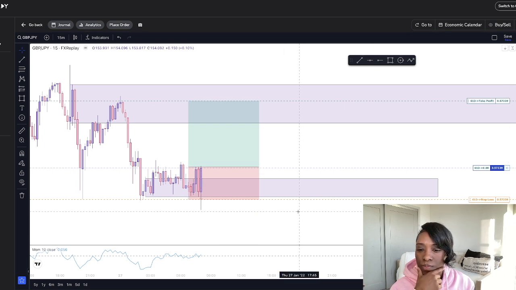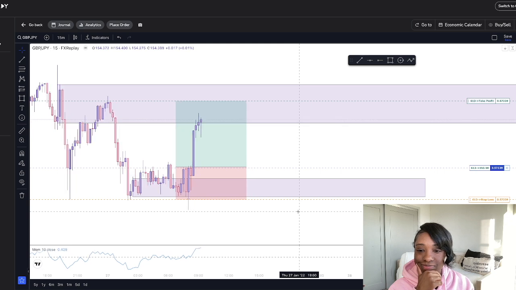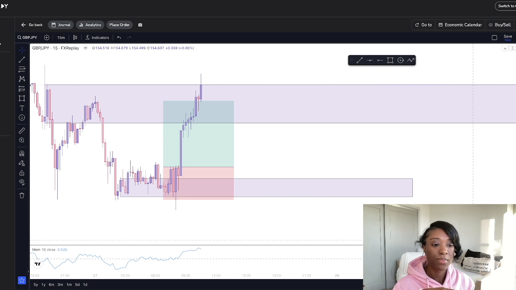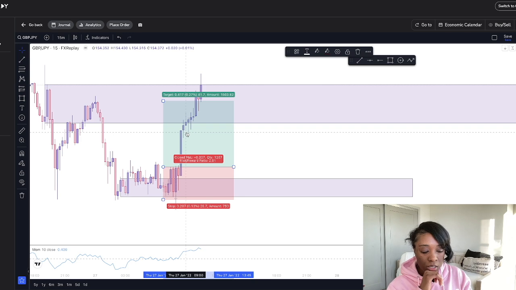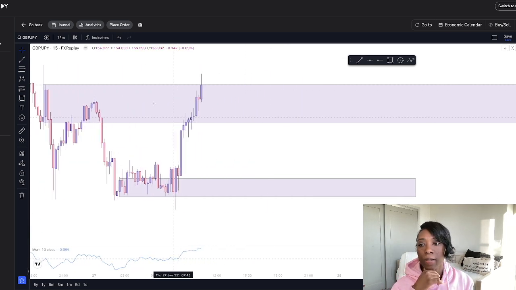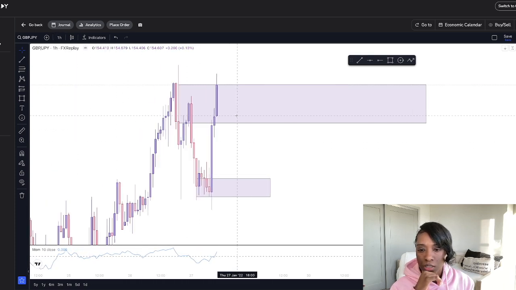Go. So sometimes the trade just isn't ready. So the reason why I entered that trade, I'm gonna back out, go to my 1 hour time frame.